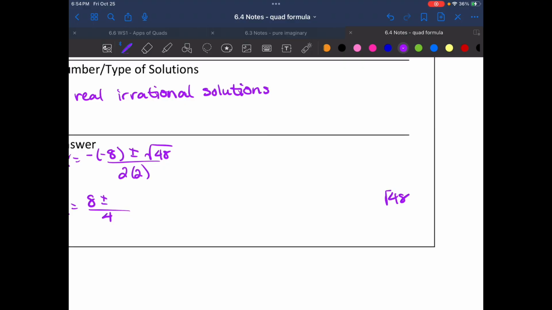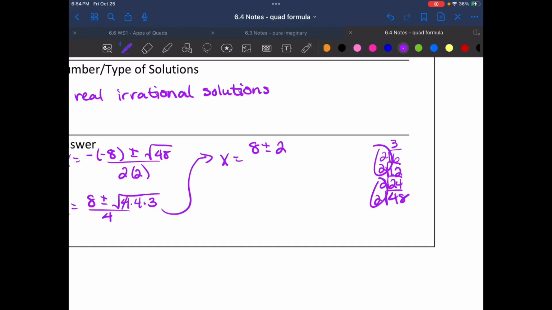Let's deal with the 48. So 2 2's. Square root of 4 is 2.